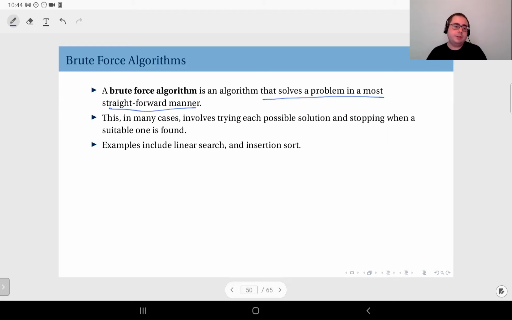You don't really put any intelligence in your solution, but using brute force, you just check it one by one. Brute force here refers to the CPU power, if you like. So in many cases, this involves trying each possible solution and stopping when a suitable one is found. Okay, so linear search is an excellent example to this, or insertion sort is also.